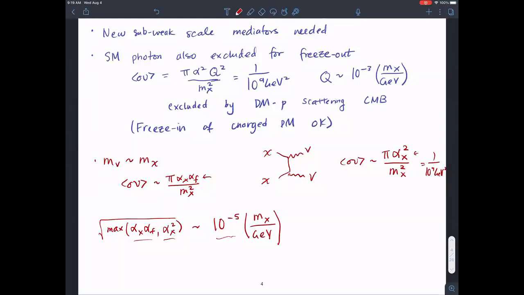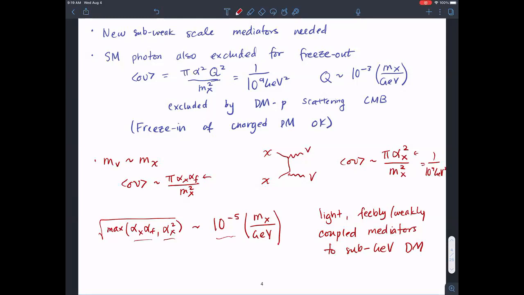And as we go lower in mass below the GeV scale, this is going to become smaller and smaller, of course. So we're looking at somewhat feebly coupled, not weak in the sense of weak scale. We're looking at light, feebly or weakly coupled mediators for sub-GeV dark matter.